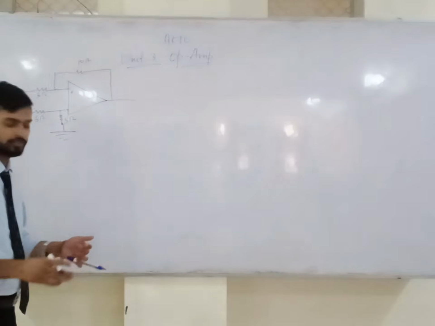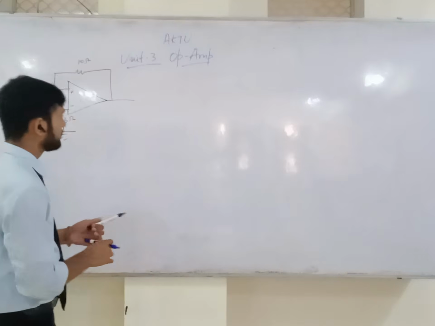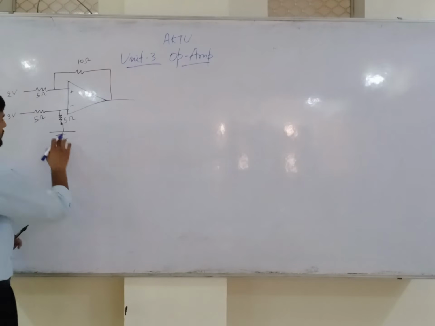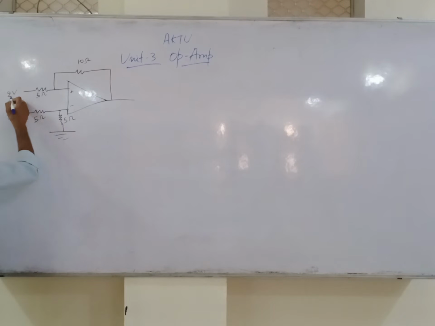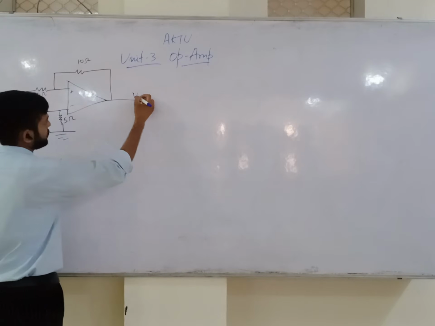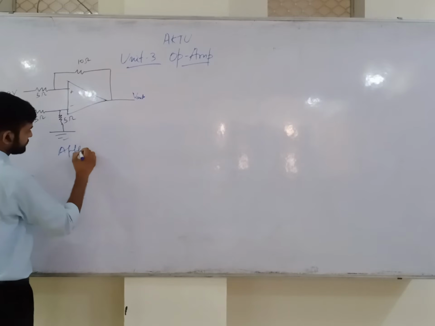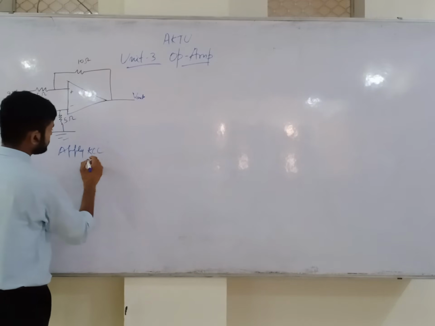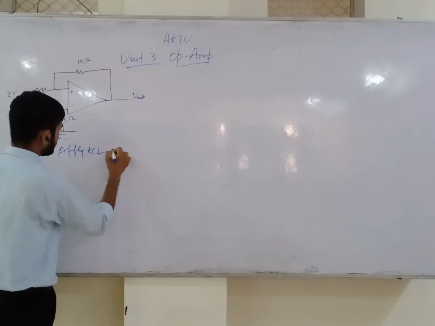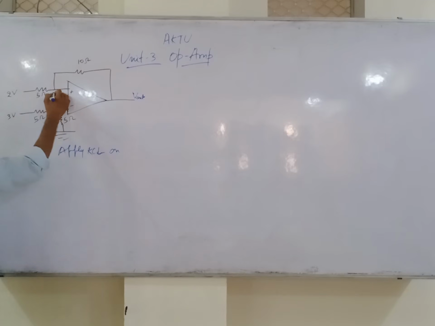Without remembering any formula, we can say that this is an op-amp with a positive and negative input, and we find V output. So applying KCL on VA, this is VA, this is VB, voltage 1, voltage 2.